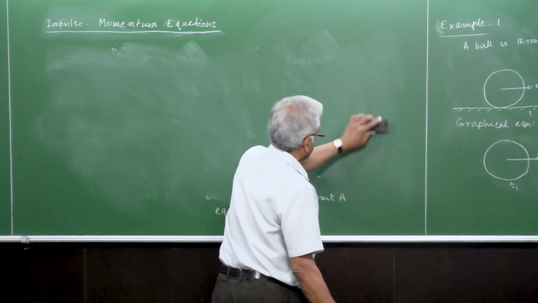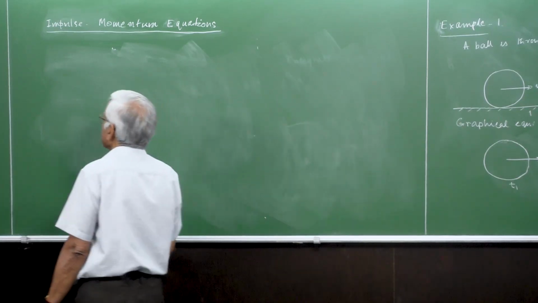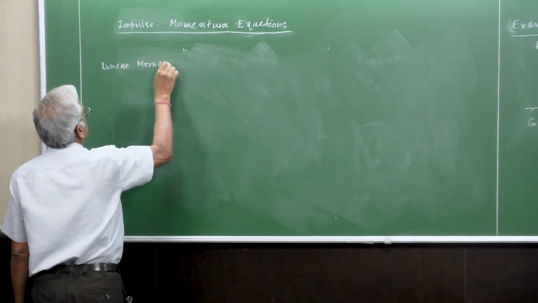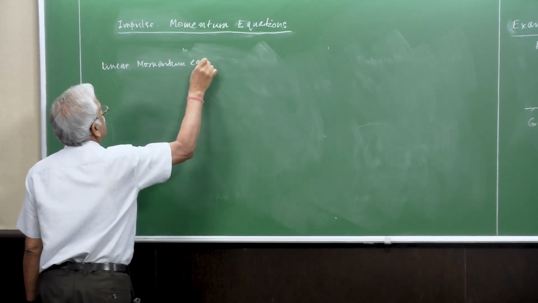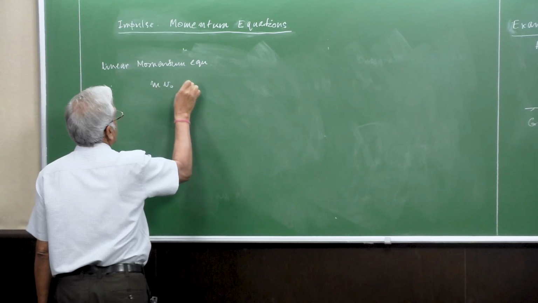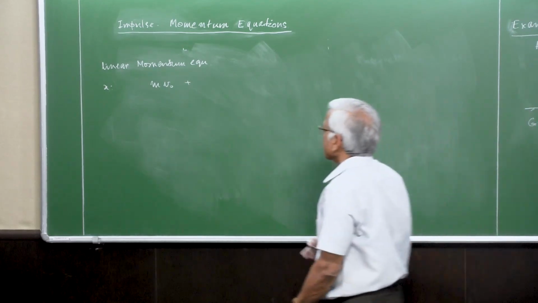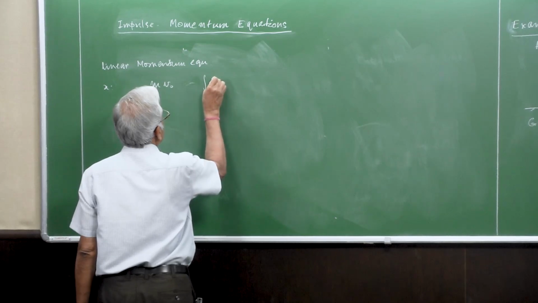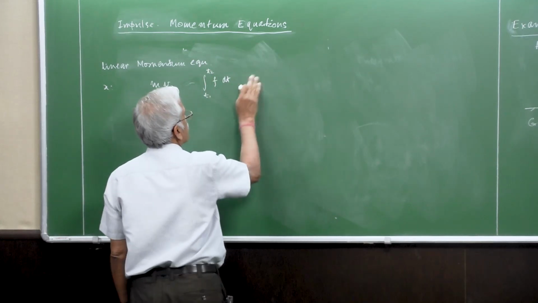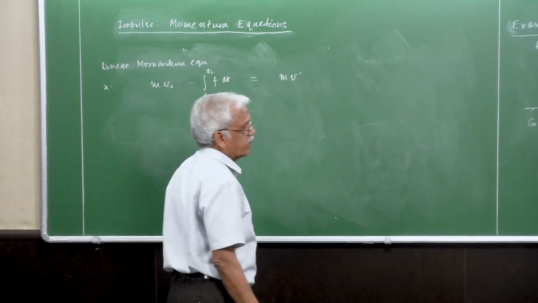So if you want to make the linear momentum equation in the x direction, it is m v naught minus integral of f dt, equal to m v prime.